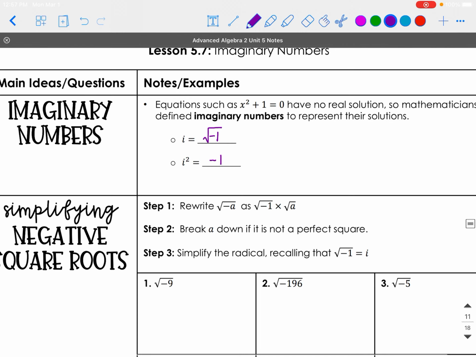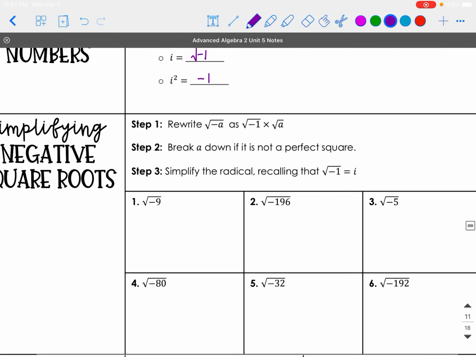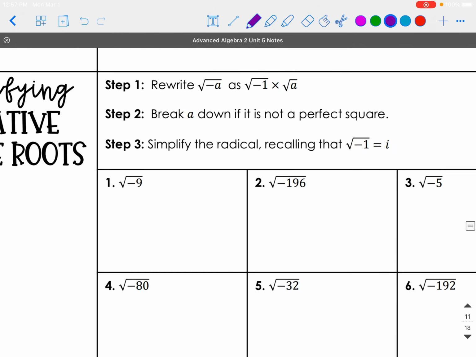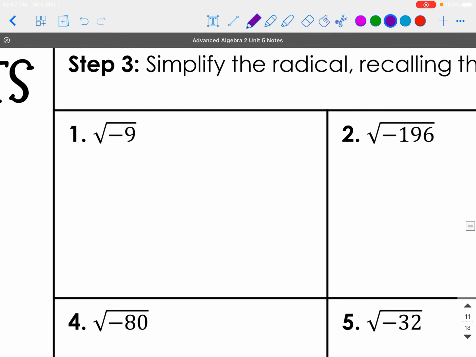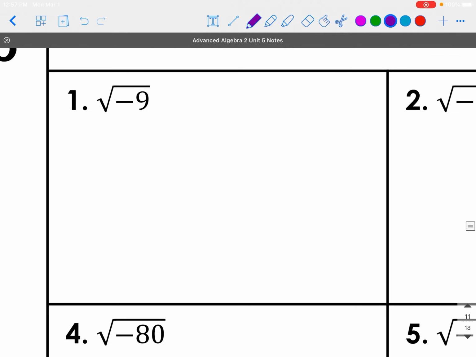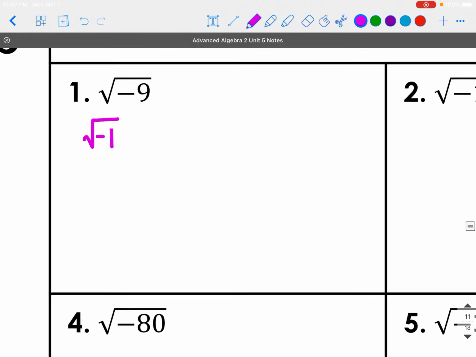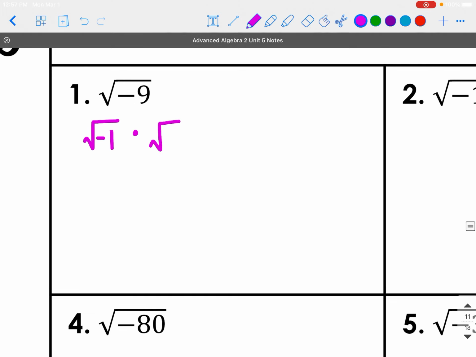So we're going to do some radicals, but with negatives. For example, if we have the square root of -9, you can't take that. So what we're going to do is take out the -1. When I divide that by -1, I'm left with a positive 9.